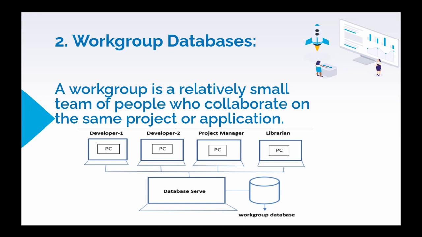In establishing a work group database, the organization must answer the same questions that apply to personal computers. Work group databases typically comprise fewer than 25 persons. How can the design of the database be optimized for a variety of group members?